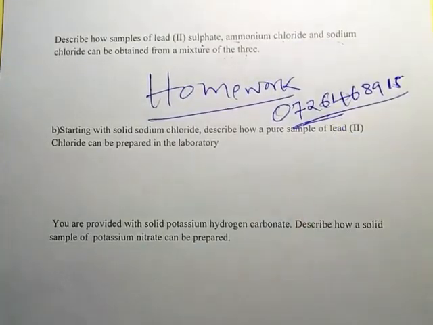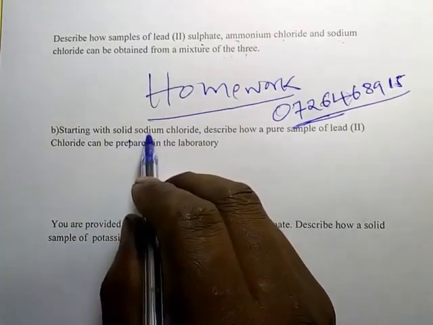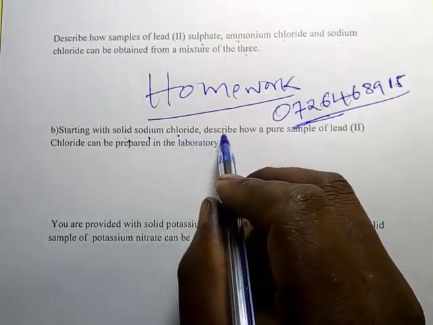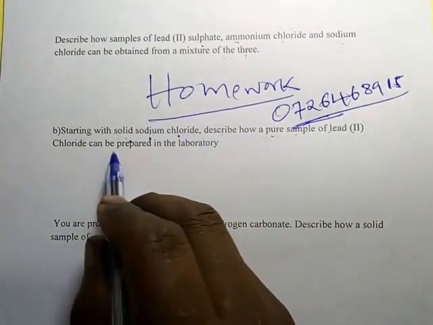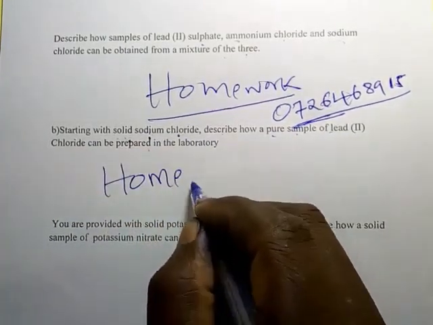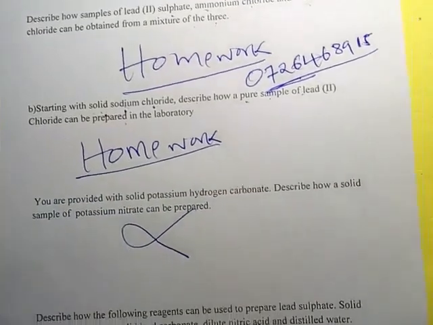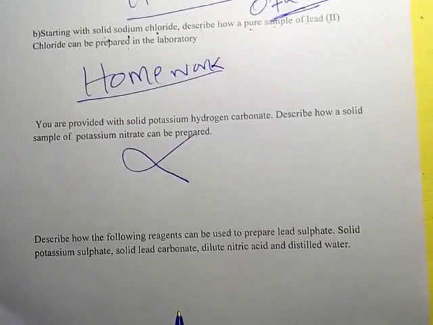I will always respond to your problems without any delay. Starting with solid sodium chloride, describe how a pure sample of lead-2 chloride can be prepared. I want also to give this one to you as homework. This one we have already done. Let me look at the next one.